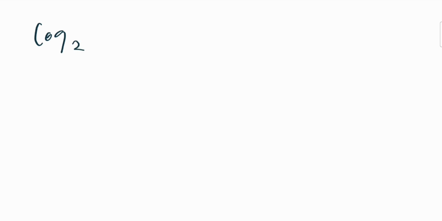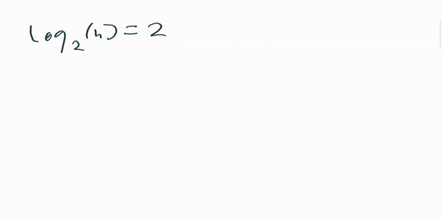So the base number is 2, and then there is the answer, which we'll make 4. Here we want to work out what log base 2 of 4 equals. This is going to equal 2, because it's basically asking 2 to the power of what equals 4. 2 to the power of 2 equals 4. So that's what that is.